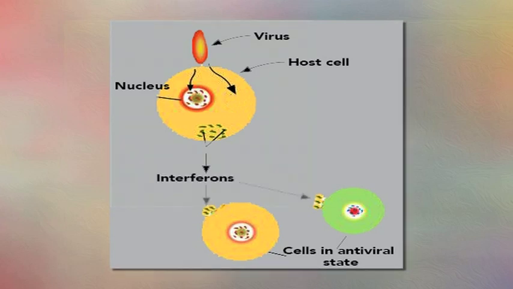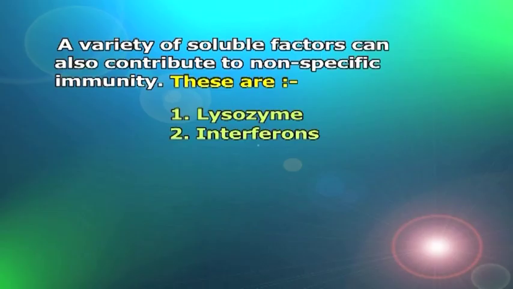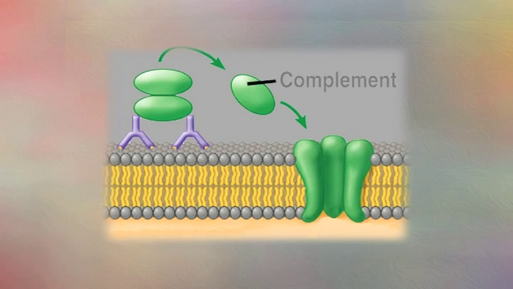Among their many functions is the ability to bind to nearby cells and induce a generalized antiviral state. Number 3, complement. It is a group of serum proteins that circulate in an inactive proenzyme state. These proteins convert the inactive proenzymes into active enzymes.